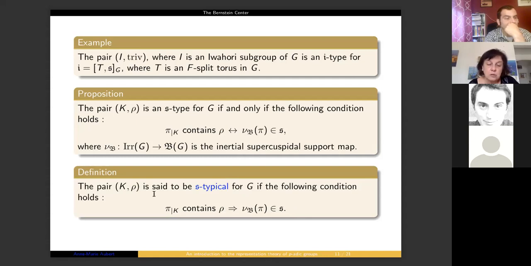So I will not talk about S-typical today, and of course a type is S-typical, but I think it's an interesting direction.